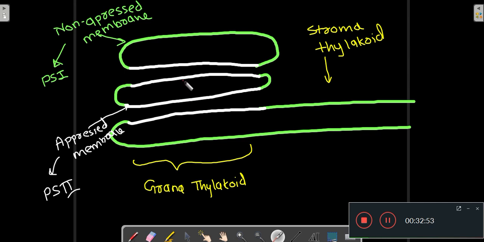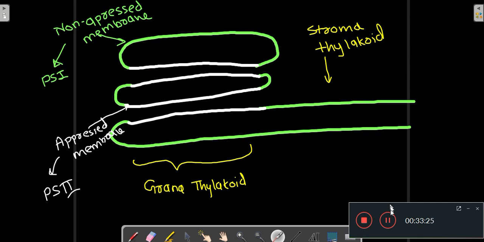So in this non-appressed membrane, which is free, photosystem 1 is found, and photosystem 2 is found in this appressed membrane of the grana thylakoid, and PS1 is found in the non-appressed membrane of the grana thylakoid as well as stroma thylakoid. Stroma thylakoid simply don't have appressed membrane. Only grana thylakoid have the appressed and non-appressed one.